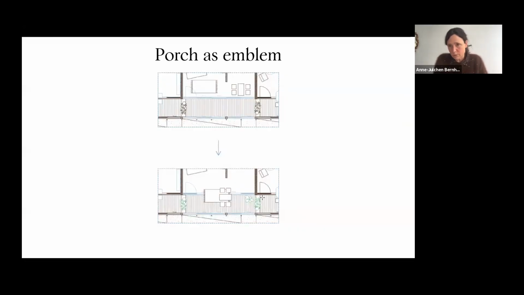So it's something like you've seen before, like these Northern American porches, where you sit and look on the movement of the street, and the porch is furnished as an interior.